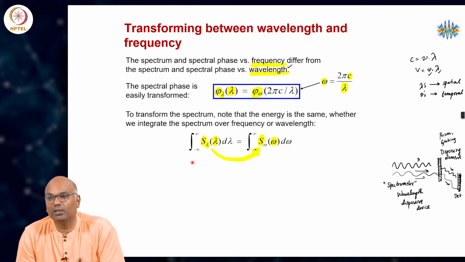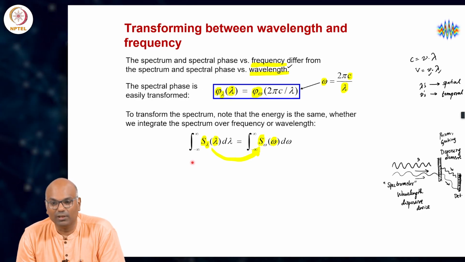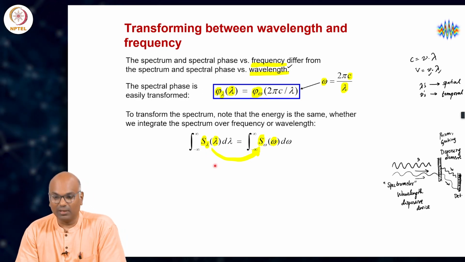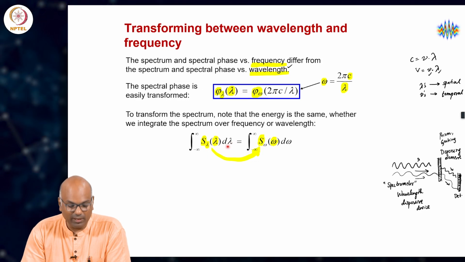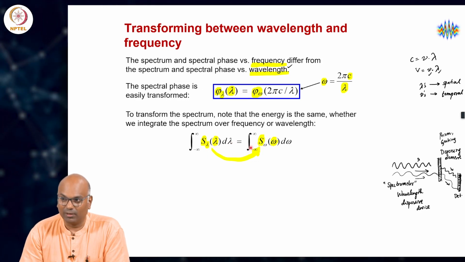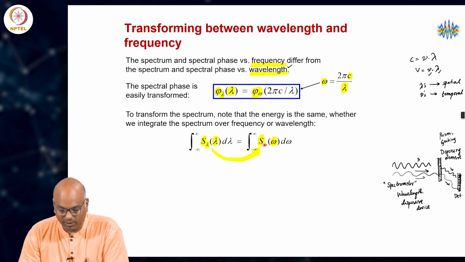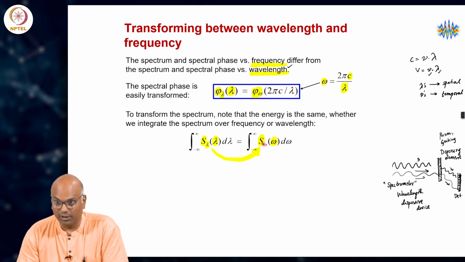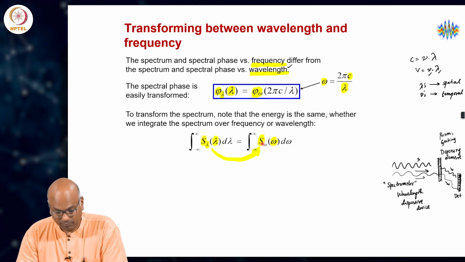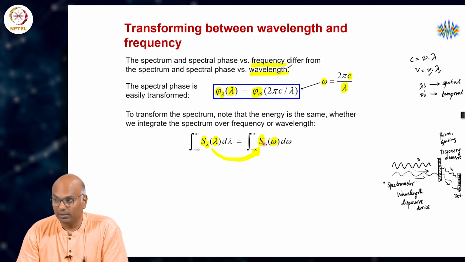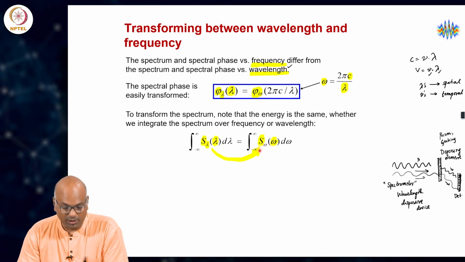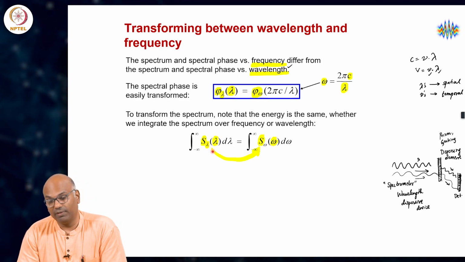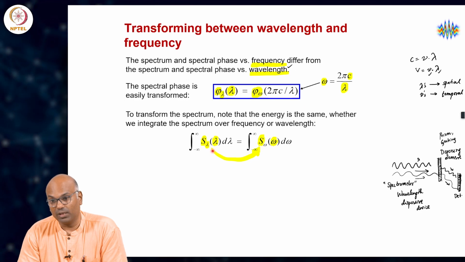One of our favorite conservation principles is energy conservation. This is not even an instance of conservation. This is just maintaining the integrity of our discussion: if my description of the pulse comes out as the pulse having so much energy in the spectral domain, then the outcome of whatever processing I do to or fro the wavelength domain should have the same amount of energy.